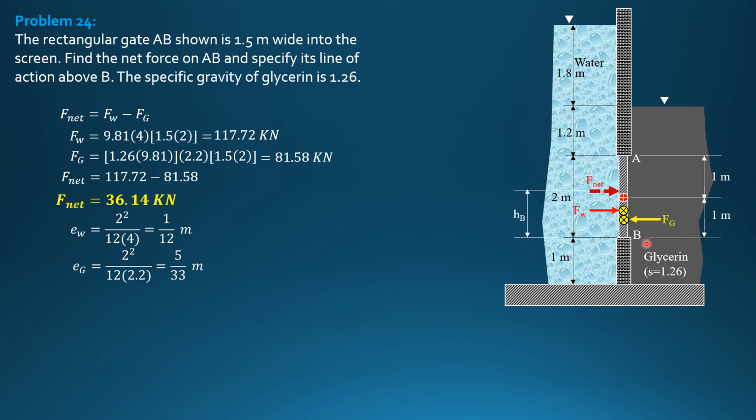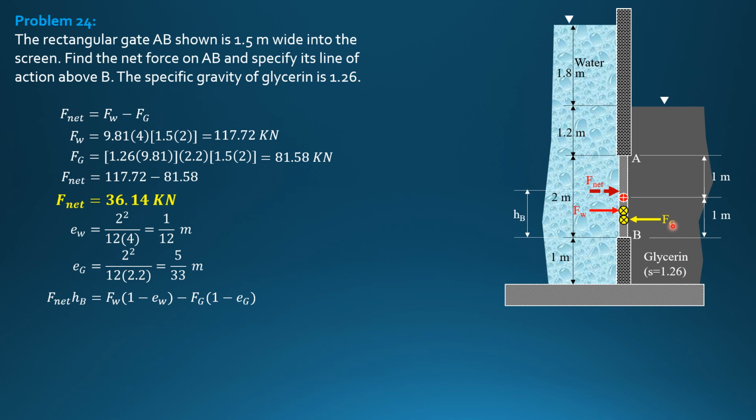Then, by Varignon's, F net times HB equals F water times (1 minus e water) minus F of glycerin times quantity (1 minus e of glycerin), because this is e of glycerin. So the distance of F water from the bottom is 1 minus e water.